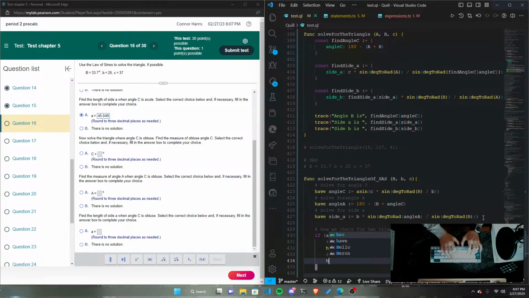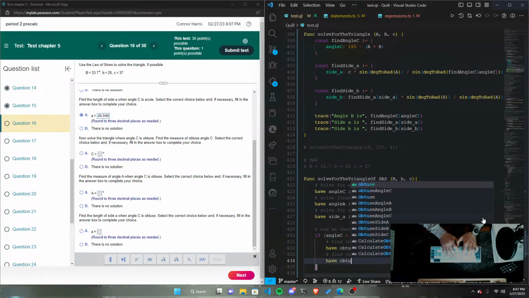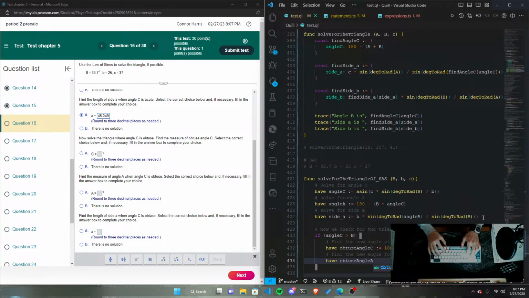Should we have obtuse angle A be equal to 180 minus the obtuse angle of C plus B? I'll make sure that's correct.